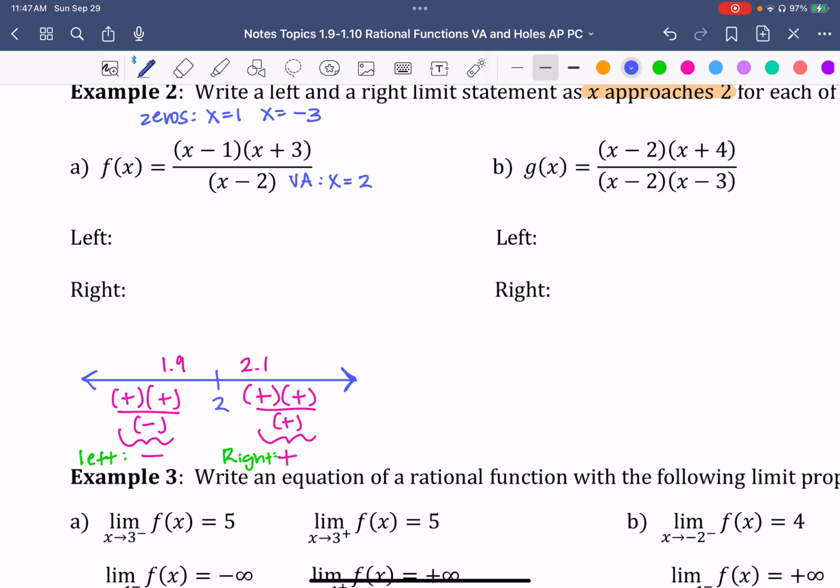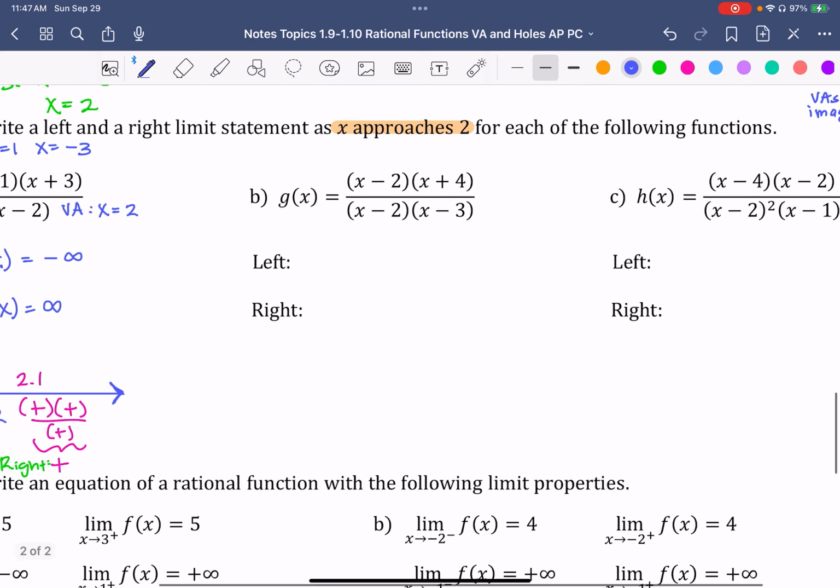Okay, so when you write your answer, you're going to say the limit as x approaches 2 from the left, f of x equals negative infinity. For the right side, the limit as x approaches 2 from the right, f of x equals positive infinity. Okay?